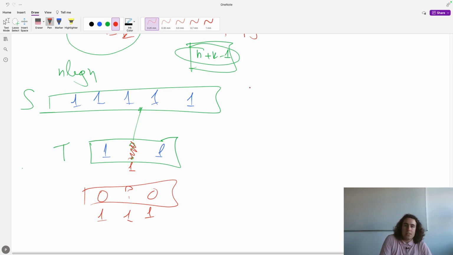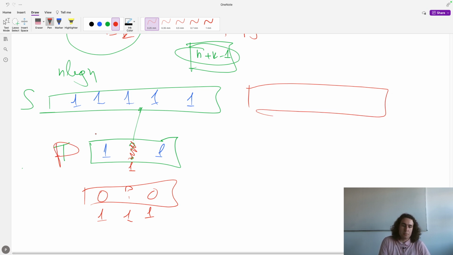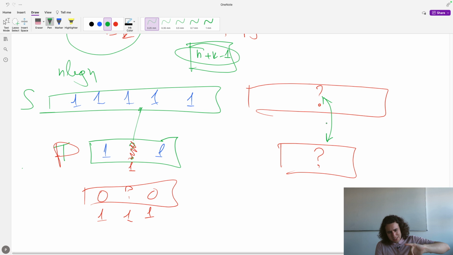And then we can do that even if S also contains, this is not S and T, this is S and P. If S also contains question marks, again, question mark can be any symbol. So for both 1 and 0, we set it to be equal to 1. The only problem is that question marks can match question marks, and then we're going to count it twice, both as 0 matching 0 and 1 matching 1.